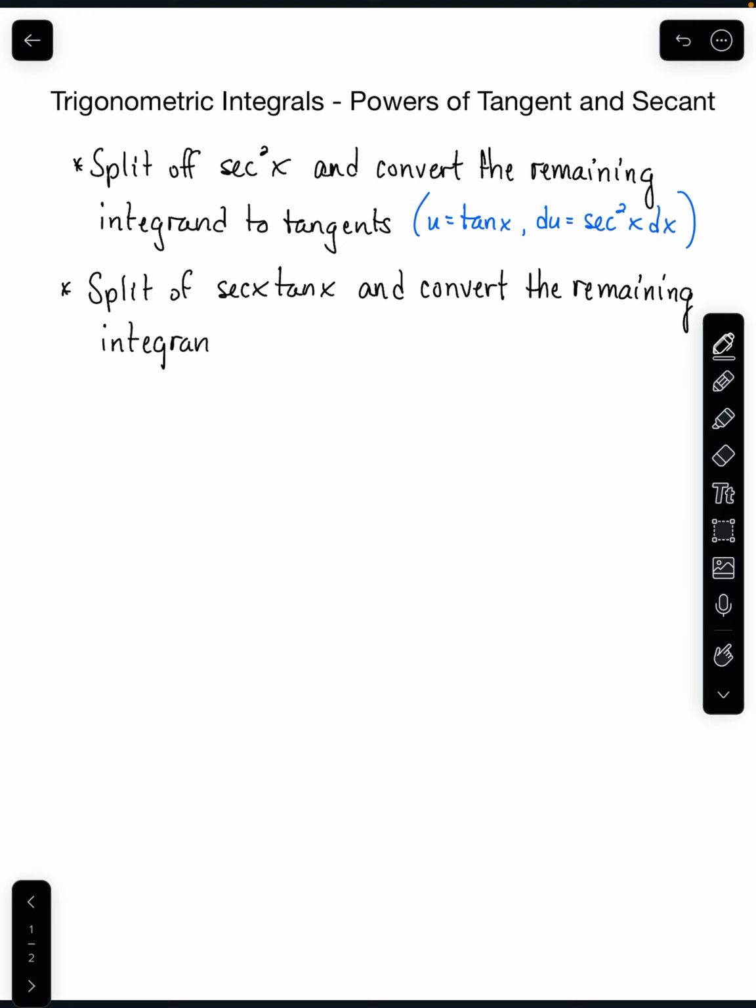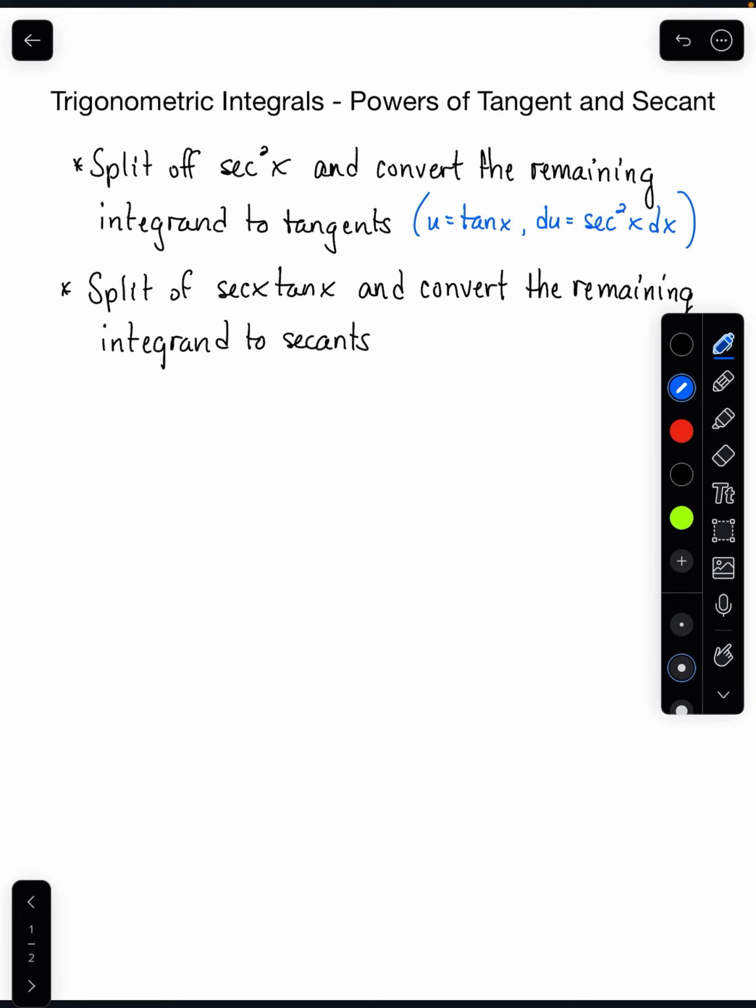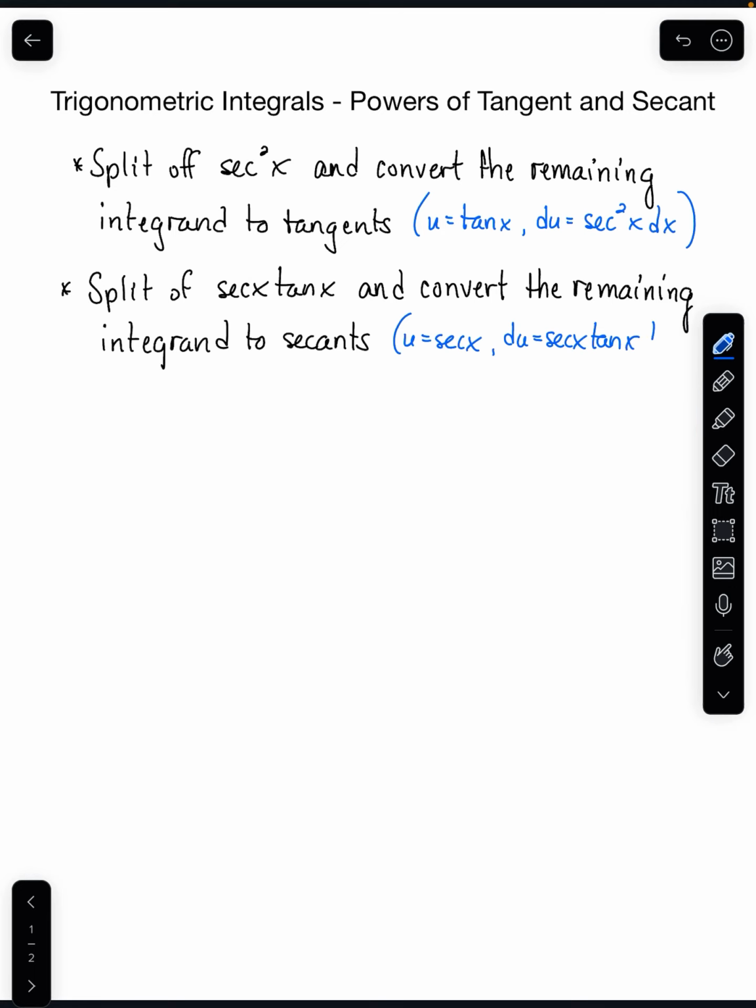This would allow us to do a substitution where u is equal to secant x, so that du would be equal to secant x times tangent x dx.